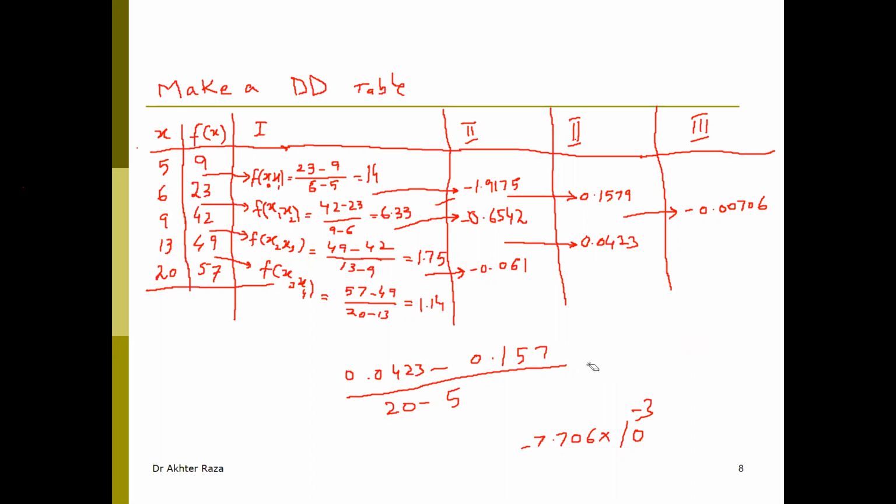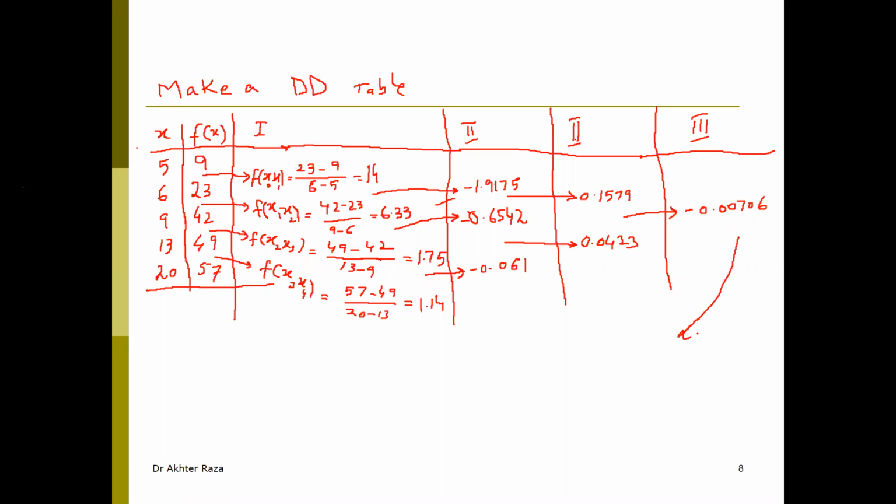Now I'm concluding this table and explaining a few things, how the divided difference tables are interpreted. In this difference table, the third entry is represented by f[x0, x1, x2, x3], and then f[x0, x1, x2, x3, x4].